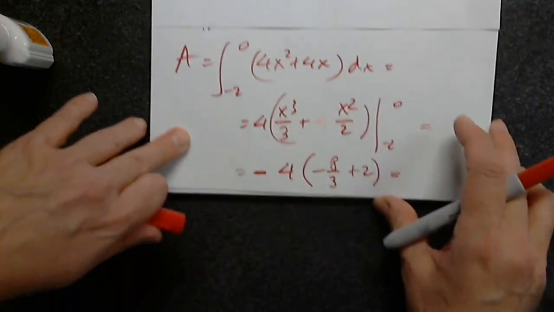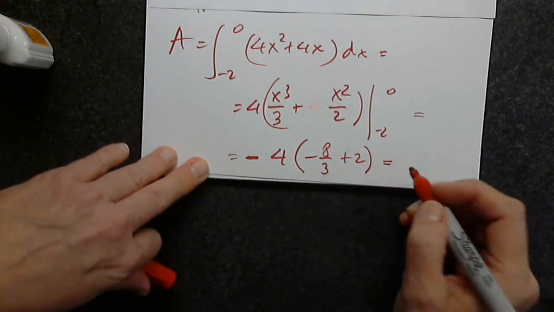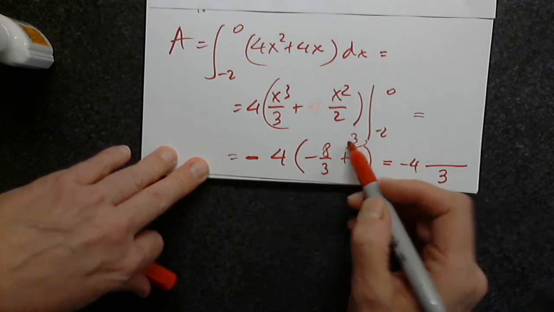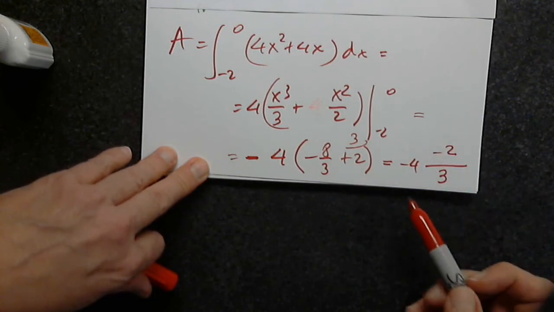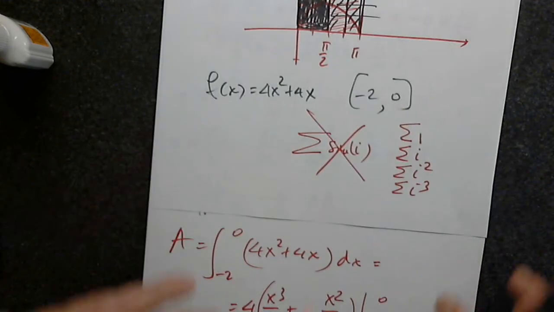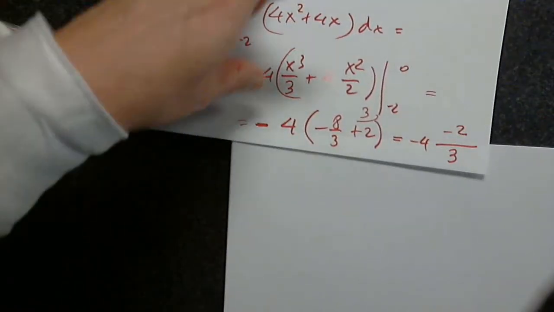Yes, it is. Okay, so negative 8, the least common denominator is 3. Negative 8 plus 6 is negative 2. So the answer must be 8/3. So we expect the answer to be 8 over 3. And let's see if we get it and how we get it.